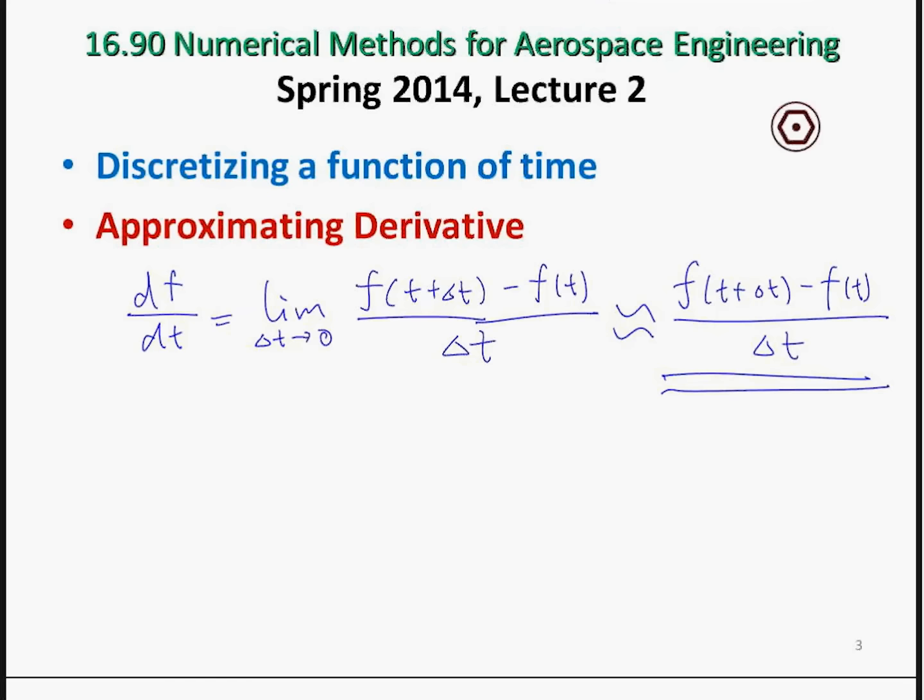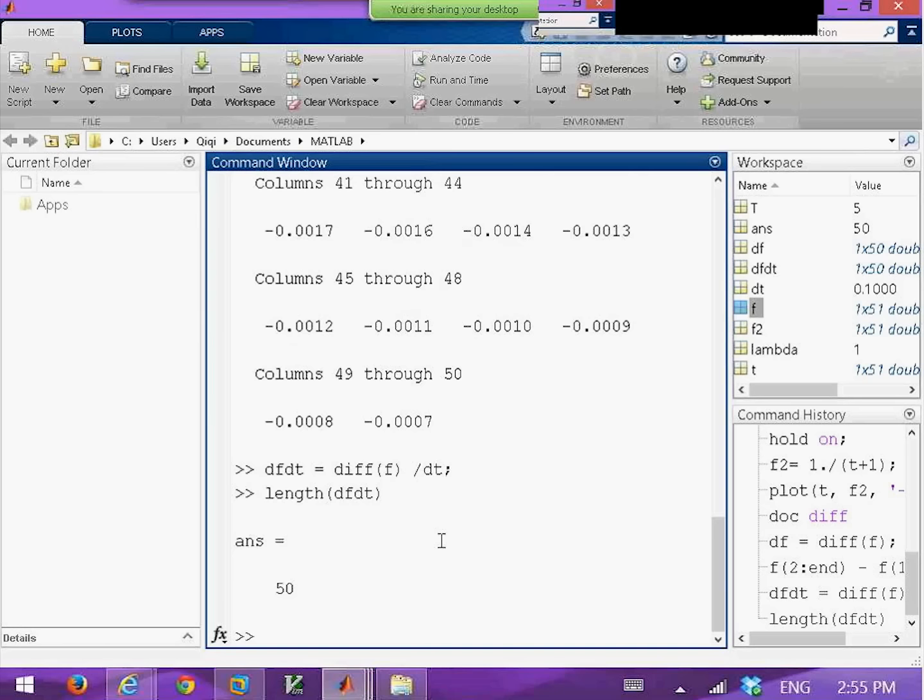Because here I'm taking the difference between t plus delta t, which goes all the way to big T, minus f of t, which actually doesn't go all the way to big T, right? So I have the derivative from 0 all the way to big T minus delta t. I don't have the derivative of the last one, because at the last one I do not have f of t plus delta t. All right.